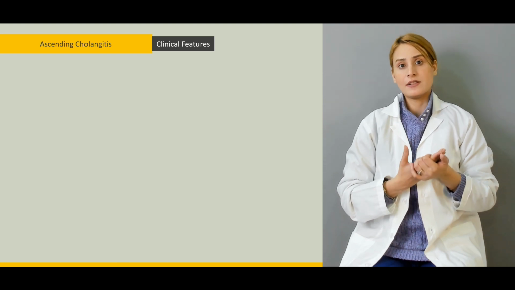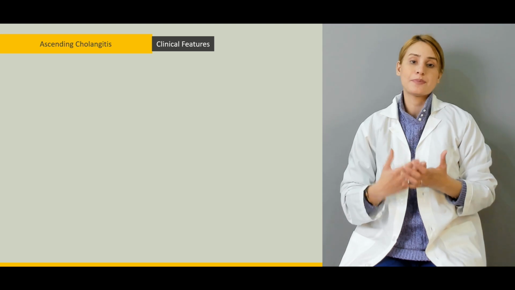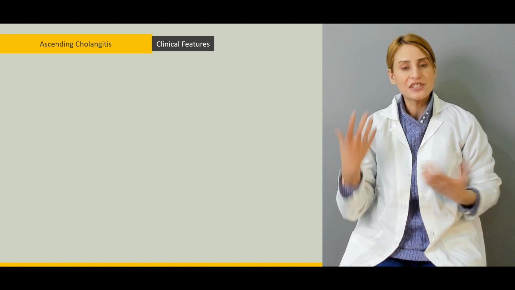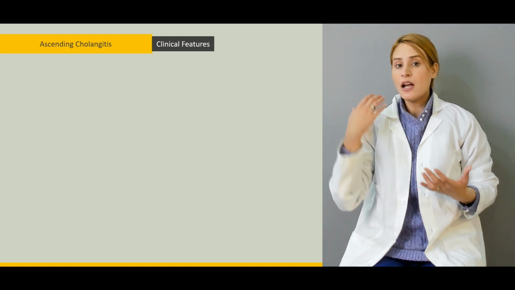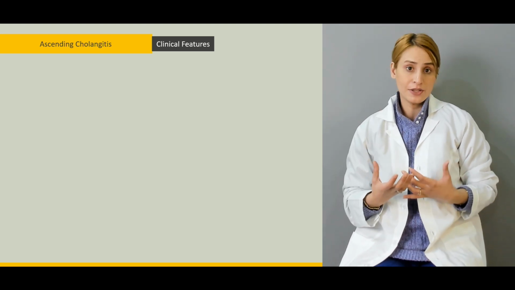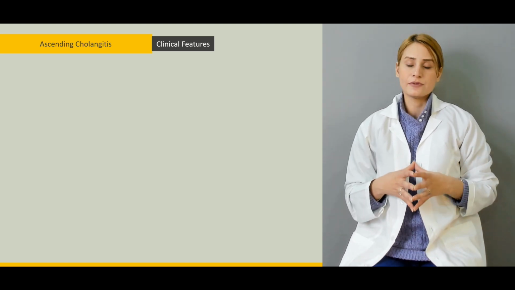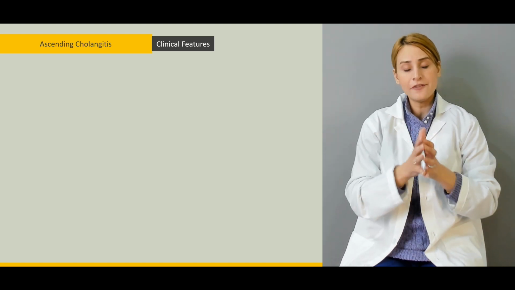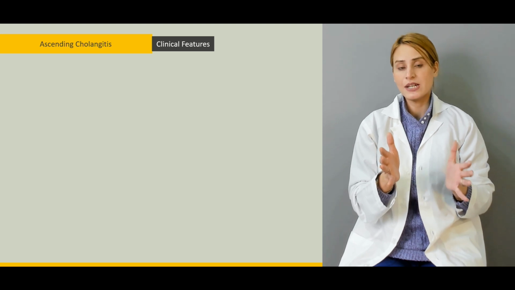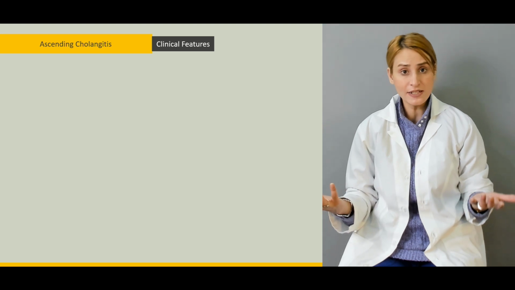Now you have to differentiate hemolytic jaundice from obstructive jaundice. In all kinds of jaundice, the patient will present with a yellowish discoloration of the skin and sclera, or sometimes darker colored urine and pale colored stools. If the patient has a history of hemolytic jaundice and is presenting with jaundice, he won't have right upper quadrant pain.